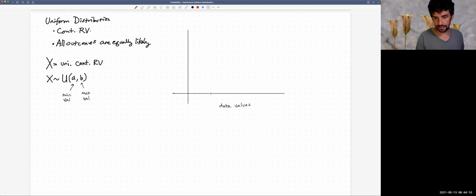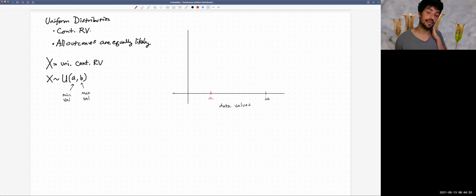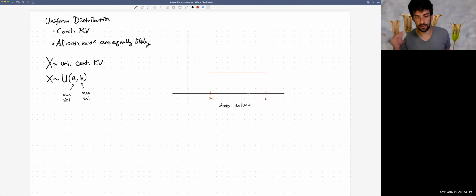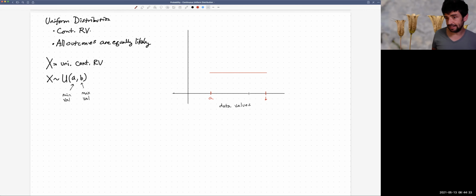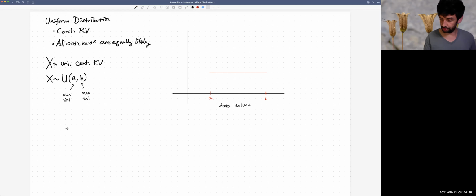So let's just put in our minimum is A, our maximum is B. And we said that when we look at these graphs, the highest points are the places that are the most likely, and the lowest points are the places that are the least likely. Well, in this case, they're all equally likely. So we just end up with a horizontal line. They're all at the same height because they're all equally likely. And that is the complete graph for this distribution, right? This is the thing that we're going to use to get our probabilities, which we'll talk about in just a second.